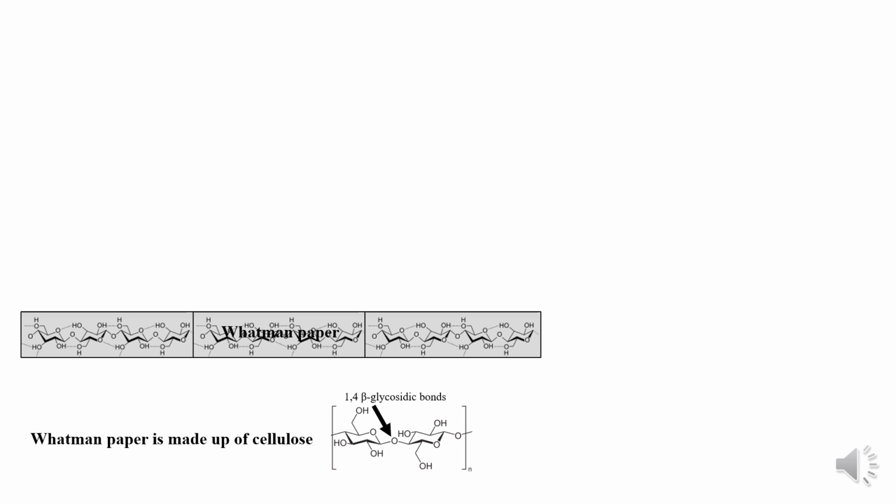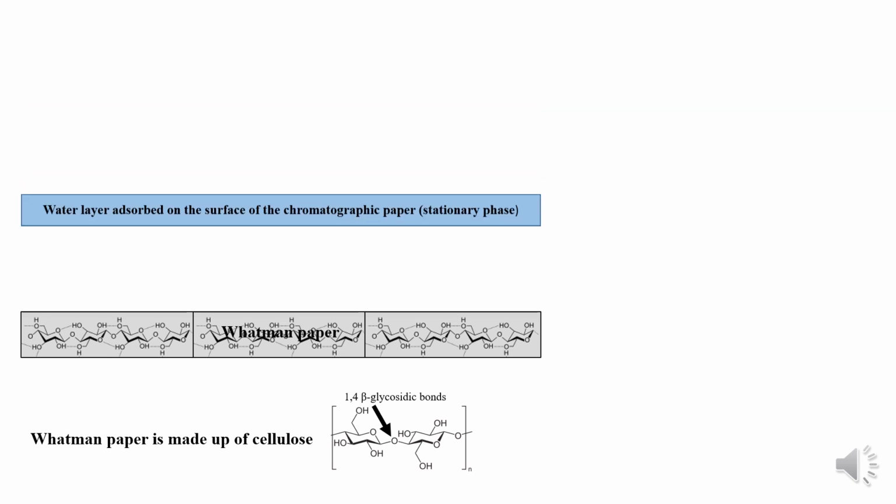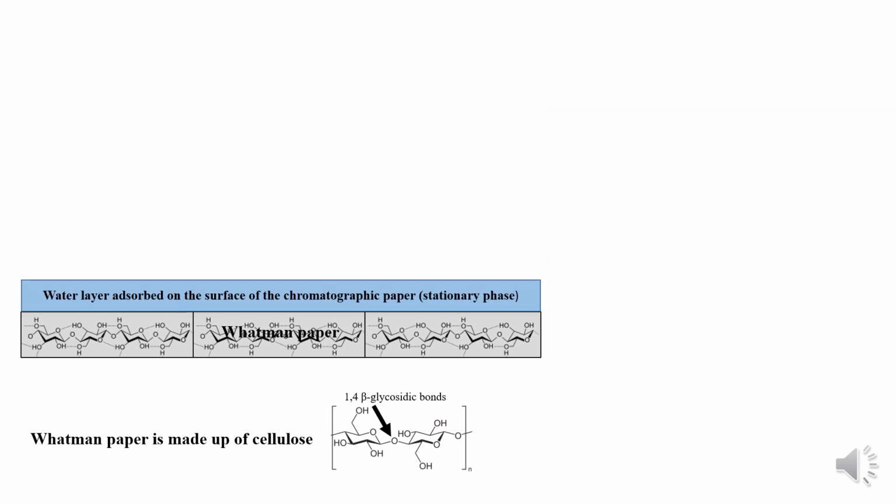Now this cellulose layer in the Whatman paper, you will find a water layer adsorbed on the surface of the Whatman paper. And this water layer acts as a stationary phase. And over this Whatman paper, a sample is applied on the baseline.